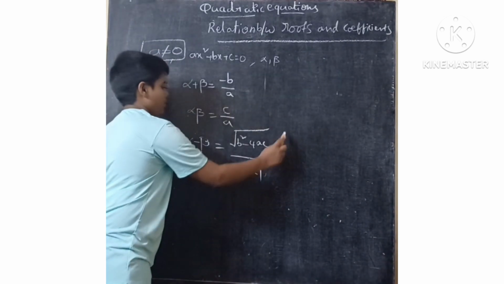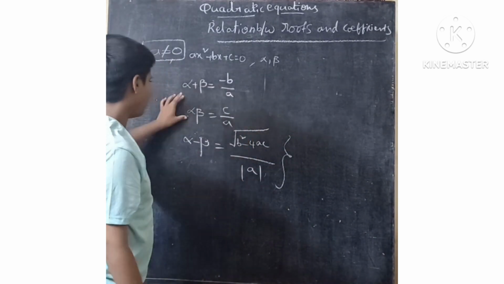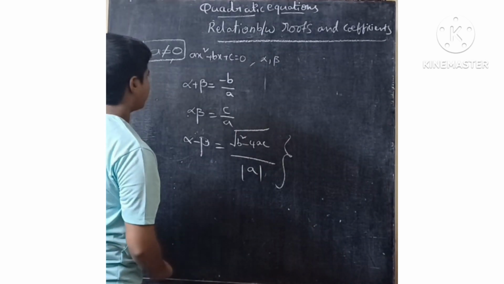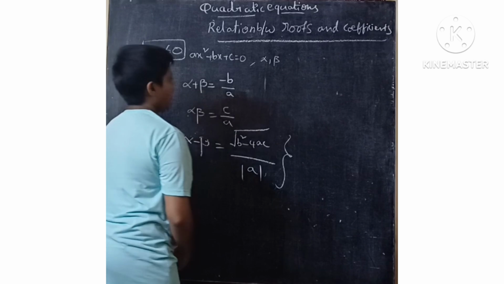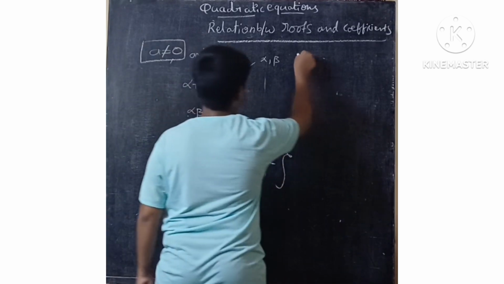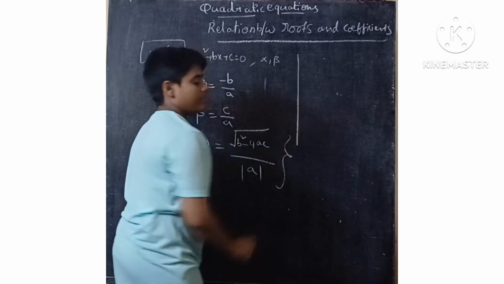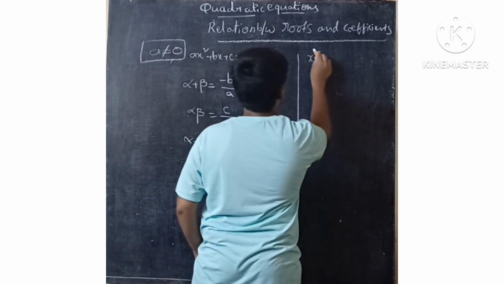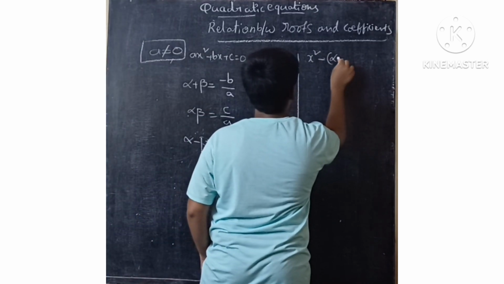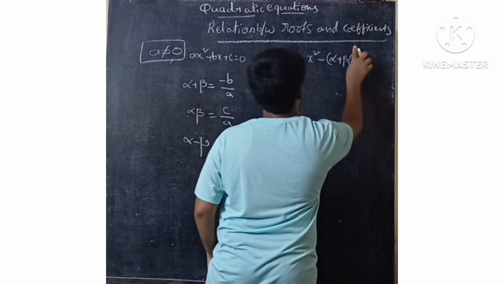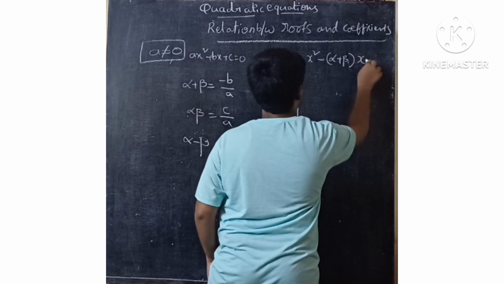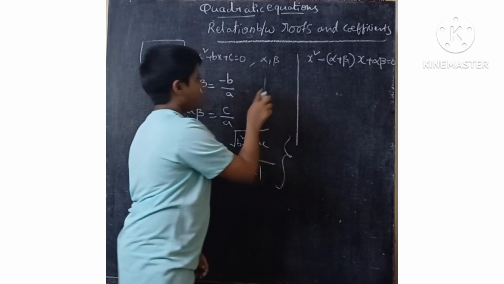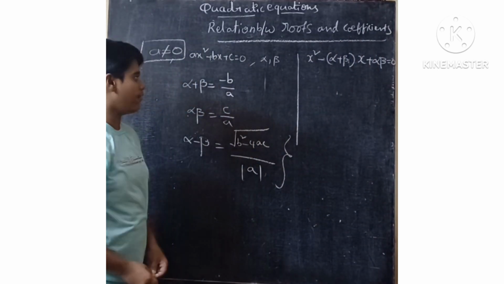In this, only positive value is taken, and these two can be negative or positive. Okay, so this is the relation between coefficients and roots. And here another important point, a quadratic equation is in the form of x square minus alpha plus beta into x plus alpha beta. By this, we can write that quadratic equation in that form.